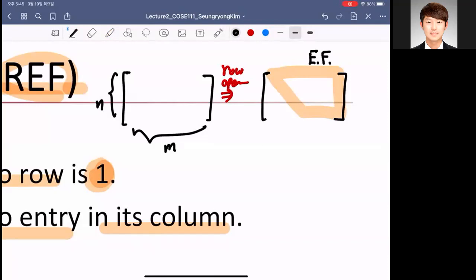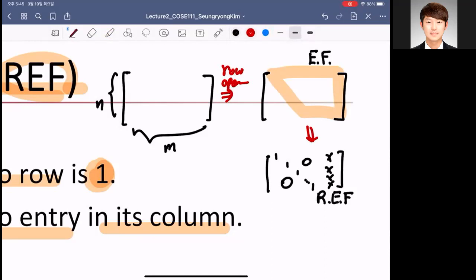And if we go further, with more row operations, if we can achieve a new augmented matrix in REF form, it should look like 1, 1, 1, blah, blah, 1, 0, 0, and some values, right?